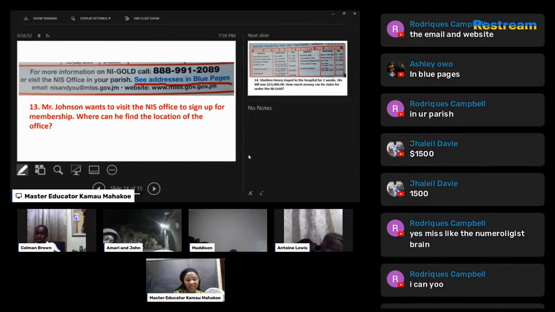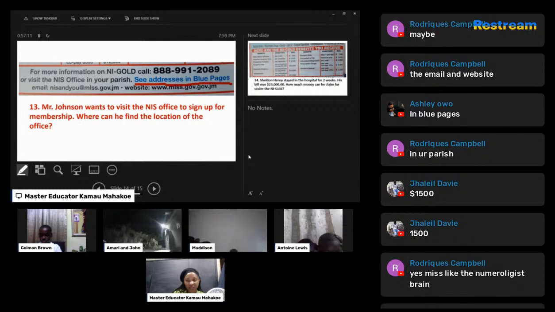advertisements, addresses, telephone numbers. All right, so the blue pages are part of that telephone directory, but the blue pages tell you about government agencies. The yellow pages will tell you about commercial entities, private entrepreneurs, and other businesses.